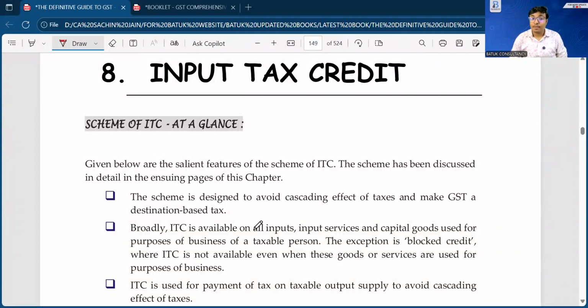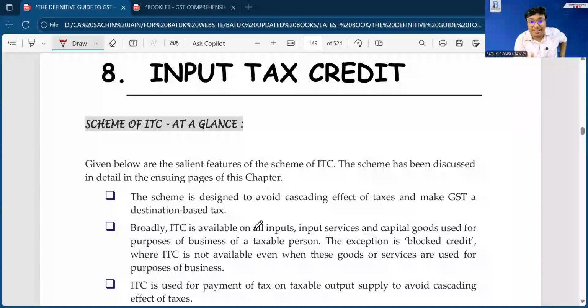And the reason being, when we want to claim the input tax credit, at that time first we have to check that the goods are used in the course or furtherance of business or not. Then we have to check we have the invoice or debit note or not. Then we have to check that the same is reflected in GSTR 2B or not. Then we have to check that the goods have been received or not. Then we have to check the counterparty has filed the return and made the payment of taxes or not. Not only that, we also have to check whether the input is blocked under GST or not.